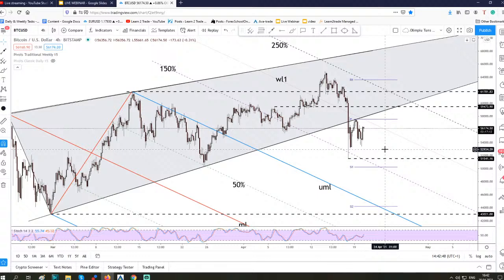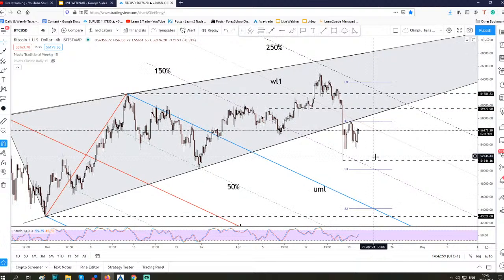Okay, so personally I need a confirmation here before I consider going long, or before I consider going short on Bitcoin.